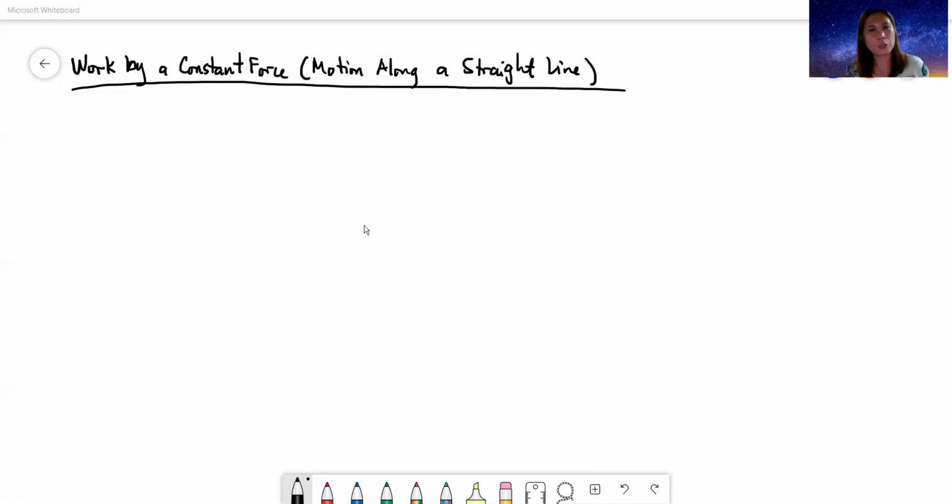At this point, all those principles that we've learned, we will still use in our understanding of the relationship between work and energy.